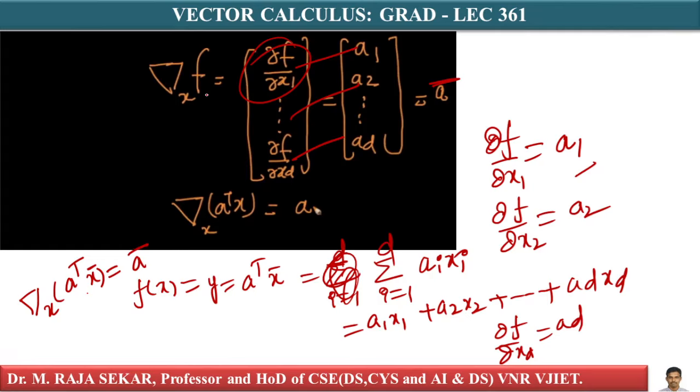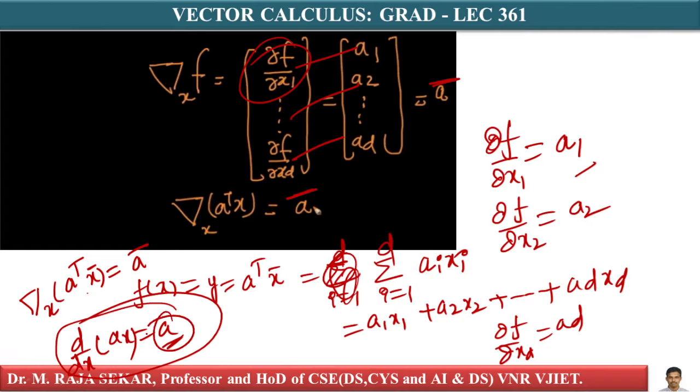If you think about it, in scalar differentiation, d by dx of ax equal to a, you will get a scalar. Similarly, even in the case of vectors, you will get the vector a bar. Here the a is a scalar.